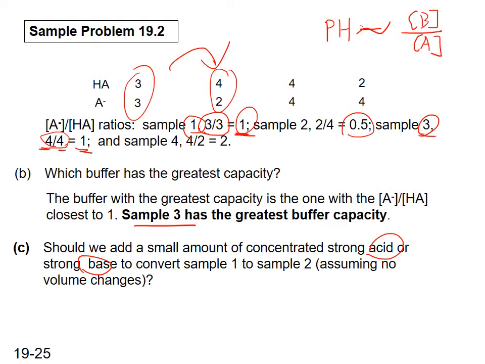A smaller ratio means a smaller pH. A smaller pH means you need more acidic, and therefore we need to add a strong acid to convert sample 1 to sample 2 so that it will decrease the pH value.